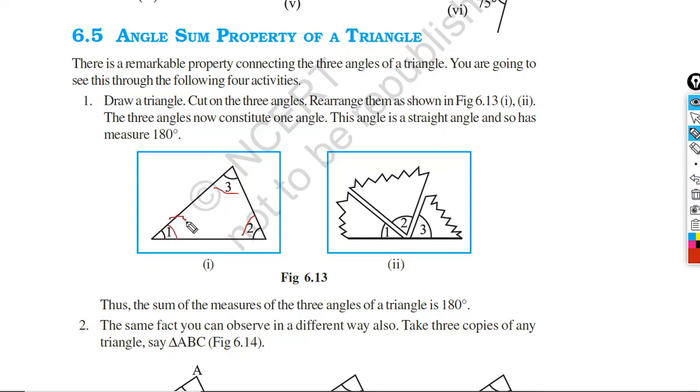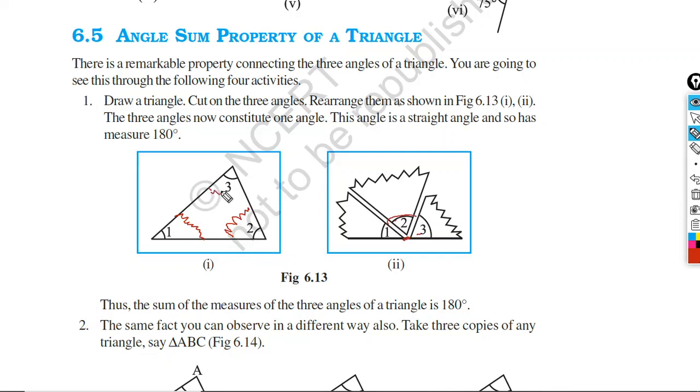Suppose you cut this angle 1, and on another paper sheet you just draw a straight line, and make a point here. At that point you cut angle 1 like this and put it here like this. Then angle 2 you have to cut like this and put angle 2 here.